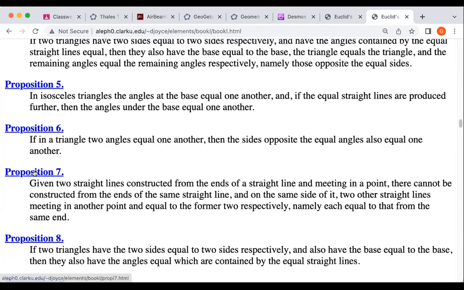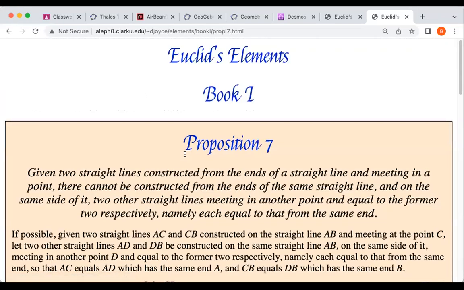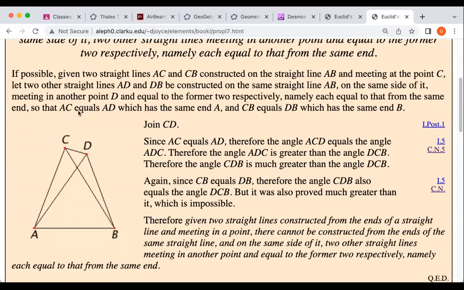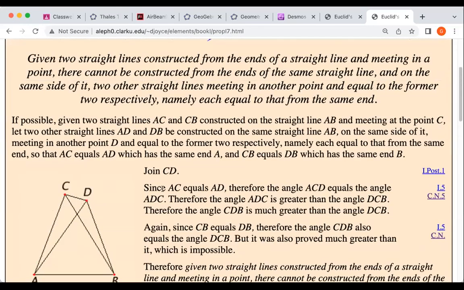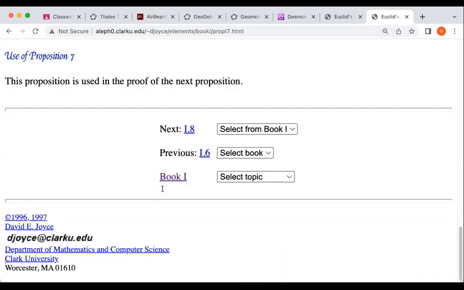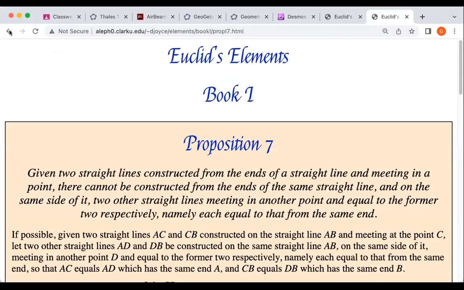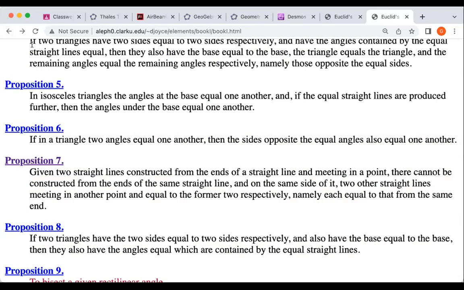You click on one. The only thing about this, and it's pretty cool, it has all the pictures and everything, but they're not interactive in that you can't move them around. But it's basically an entire Euclid's Elements that you could study. Of course, there's no copyright on Euclid's Elements written in 300 BC.